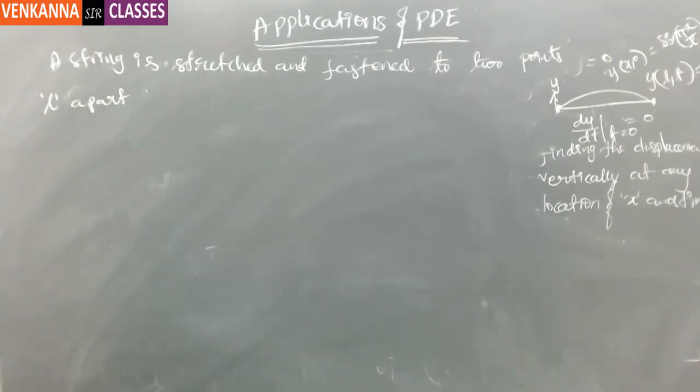Motion is started by displacing the string in the form of A sin pi x by L.